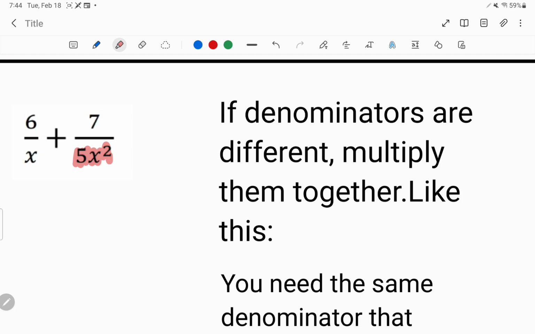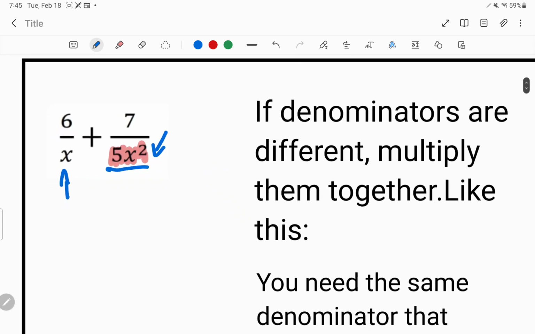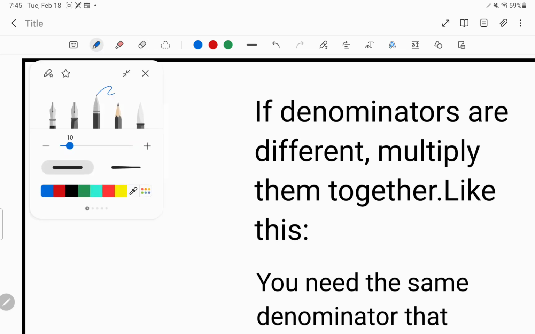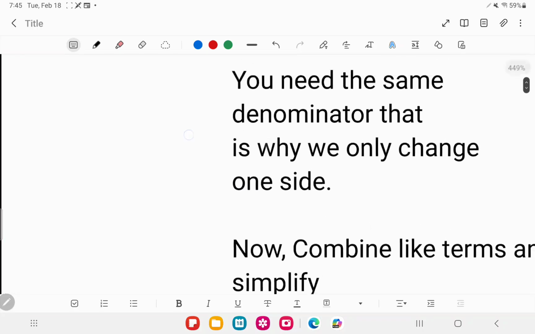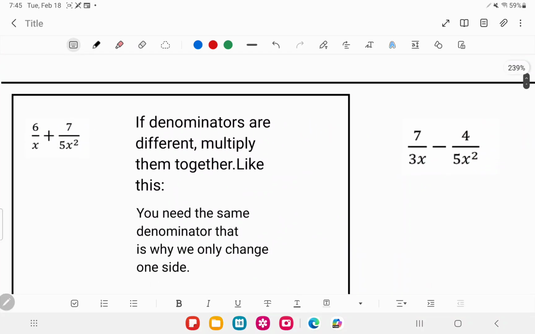Now, in my head, I'm trying to think, well, because I need to have the same denominator, and this side has the most stuff on there, how can I make this guy, the x, into 5x or 5x squared? How can I make x into 5x squared? So we're going to have to go back and multiply things to x in order to make it that. So in this case, we're going to do this. We're going to have to multiply. Now, whatever you do to the bottom, you got to do to the top. So you got to be careful with that.